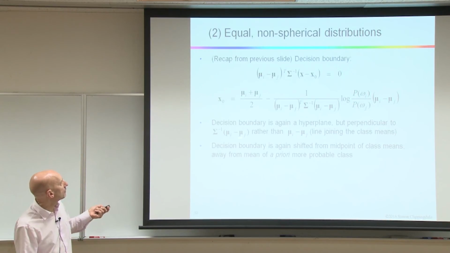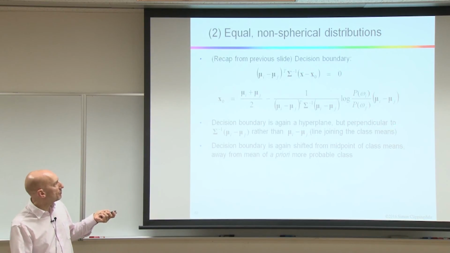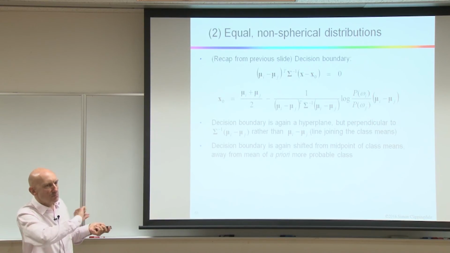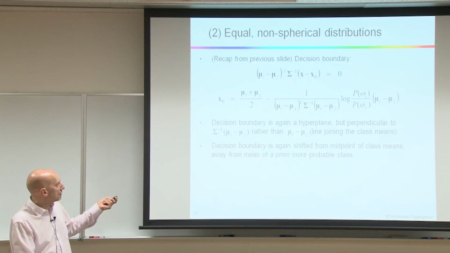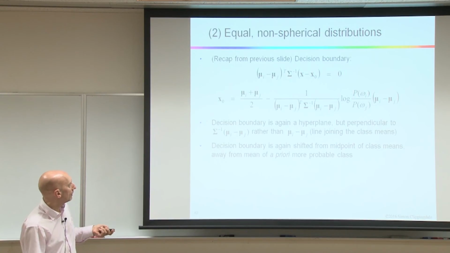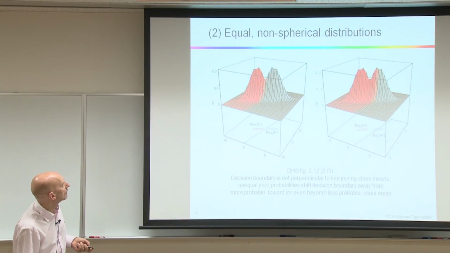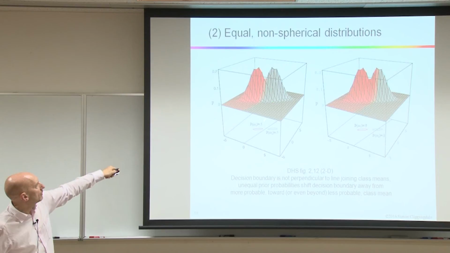Okay, don't think we need to worry too much about this. Suffice to say the decision boundary, it's a hyperplane again, but it's perpendicular not to the line between the class means, but to this thing, which is the line between the class means, tilted by some factor, like this. So here's class 1, class 2. Looked at from the top, they look like this.